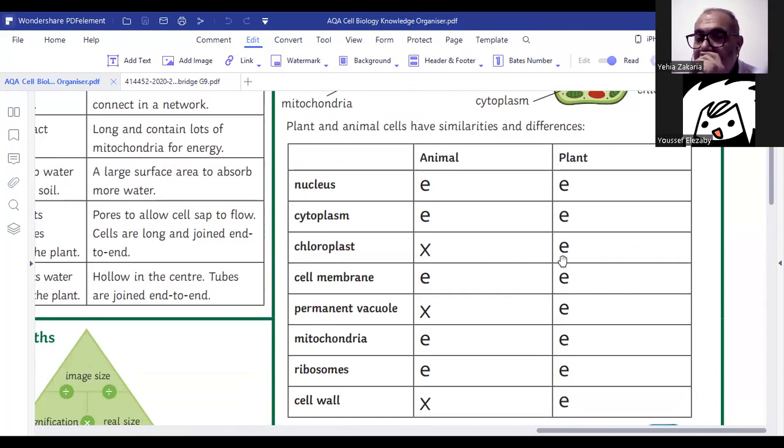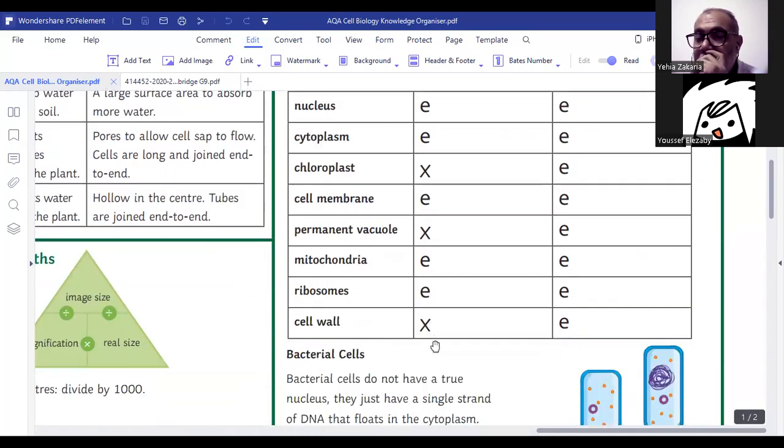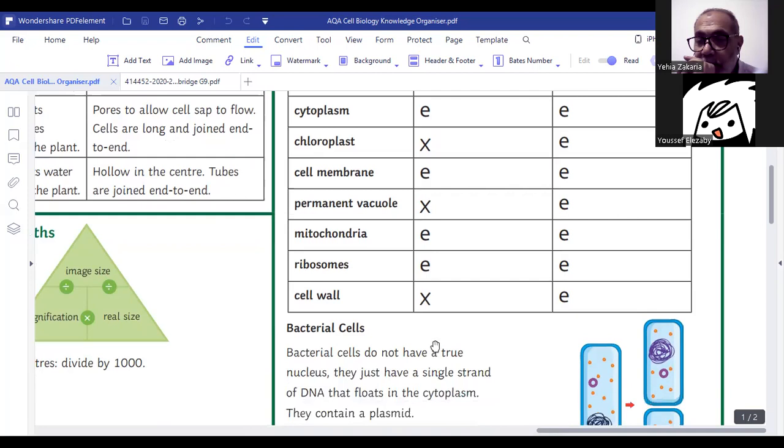They both have cell membrane, and only the plant cell has a permanent vacuole. Both have mitochondria and ribosomes, but only the plant cell has the cell wall.